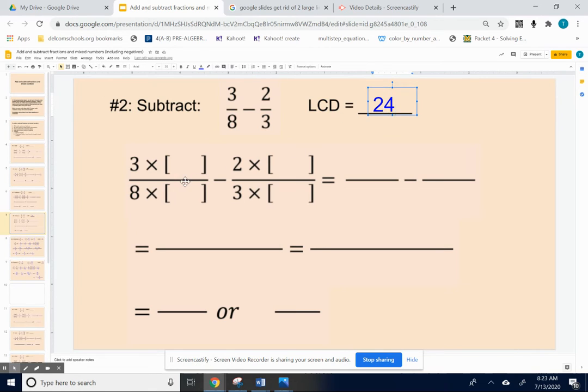You do that by taking the first fraction times 3. You've got to get a 24 in the denominator, so you multiply by 3, and you have to do that to the top and the bottom. The second fraction, you need to multiply the 3 on the bottom times 8, so you have to multiply the top by 8. Go ahead and multiply those out.